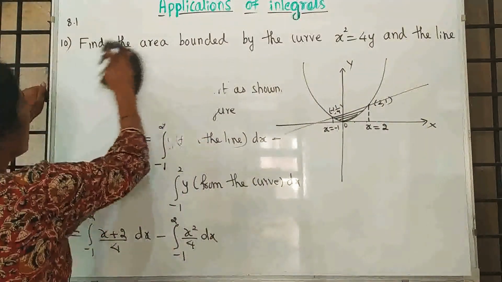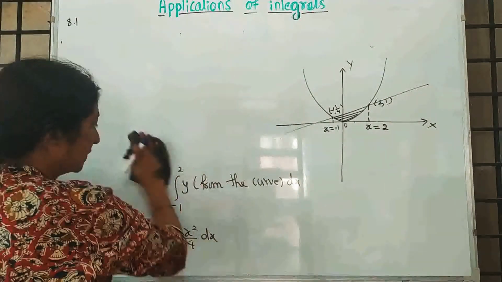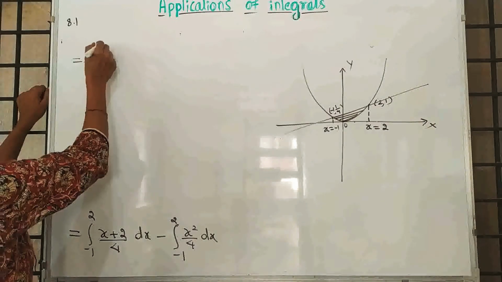Now integrate and solve this. 1 by 4 constant in the flower bracket.